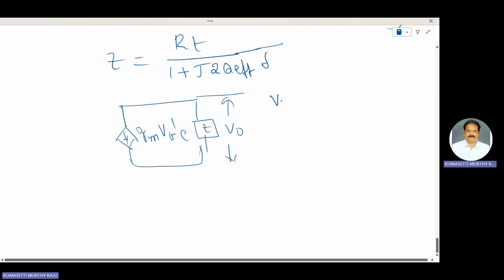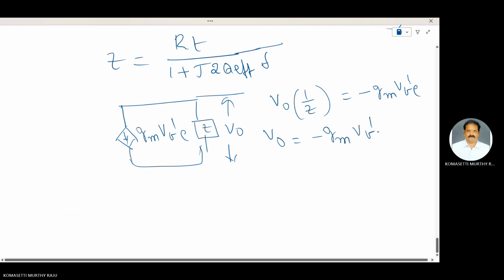The node voltage is V naught. The impedance connected to this node is Z. That is the reason we use 1 by Z, equal to the current away from that node, V naught is, minus gm into Vb'e. Therefore, V naught is equal to minus gm Vb'e into Z.